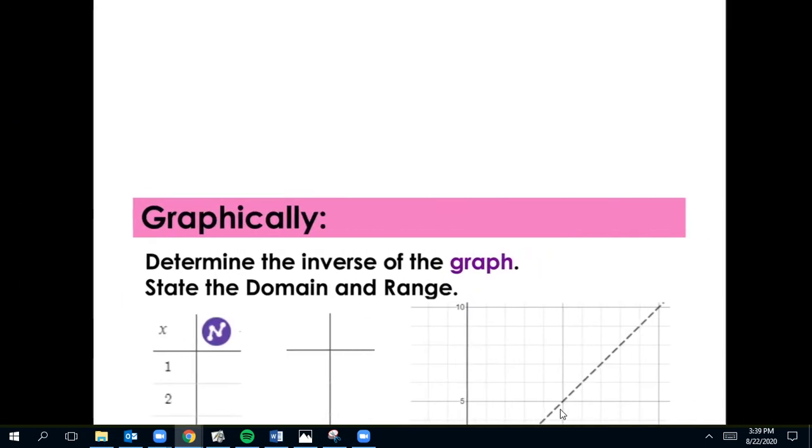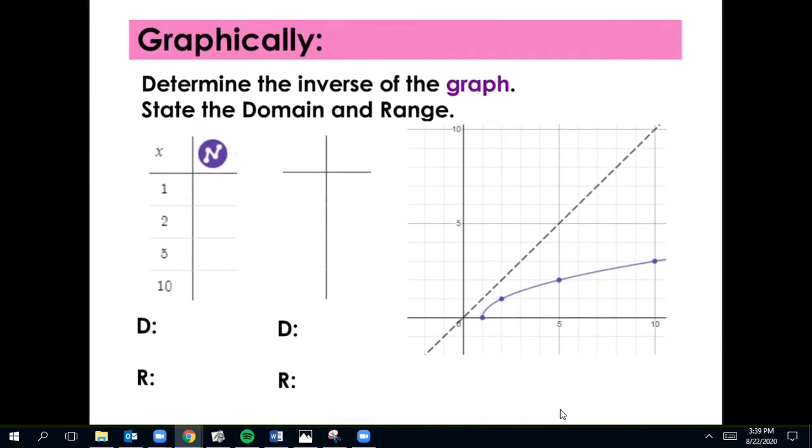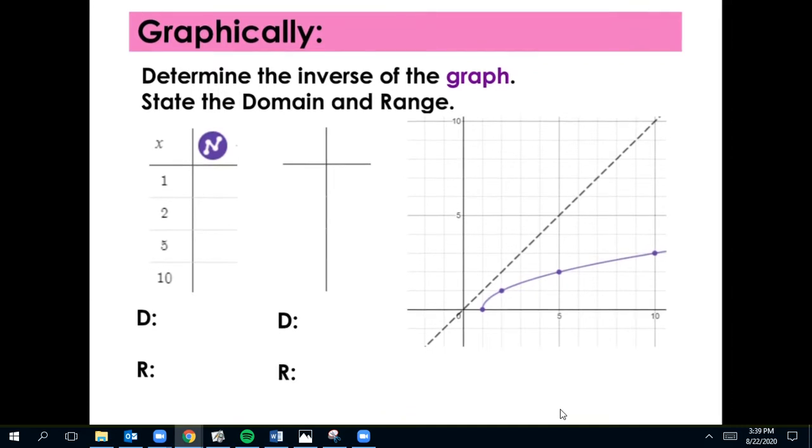Okay, so we'll start with graphically because that's the simplest way to draw it. So with an inverse, we have this purple one already, so we're going to use the purple. Let's identify the ordered pairs. So we have (1, 0), (2, 1), (5, 2), and (10, 3).